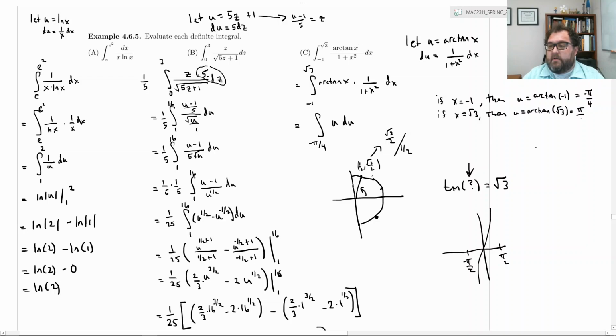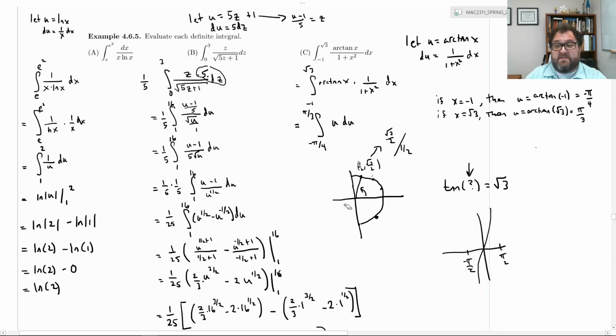And again, you've got to be on top of your unit circle and your inverse function business to get that updated upper limit of integration. Okay, so we have pi over 3. Now what can we do? Well, after this, it's a very easy task. We have pi over 3 goes right there.